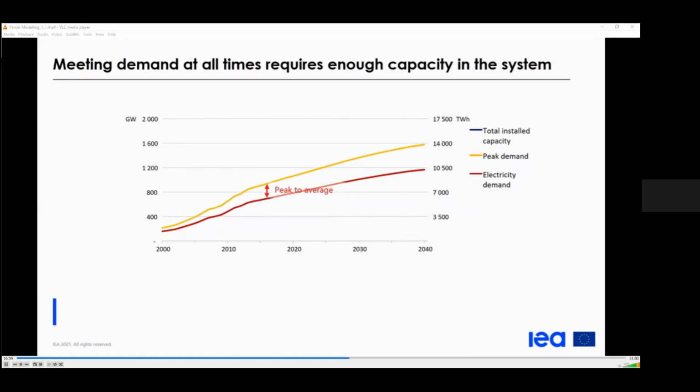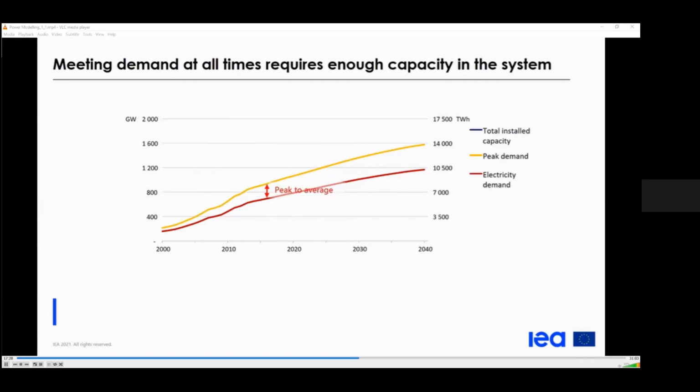Remember this 170% above average that we saw in the previous example. We calculate this ratio based on the analysis of historical data and the evolution of different end uses; for instance, cooling needs or electric vehicles can make this demand peakier.